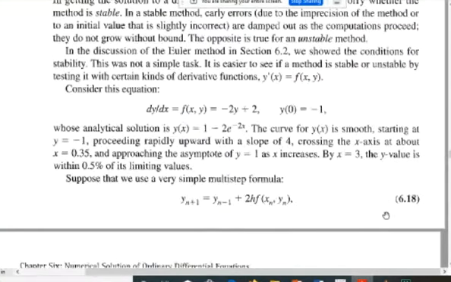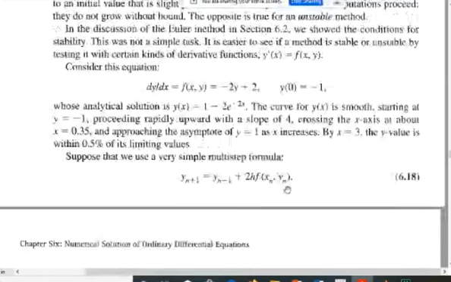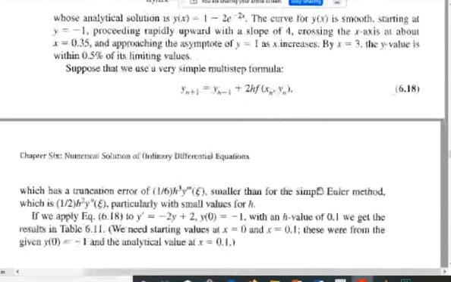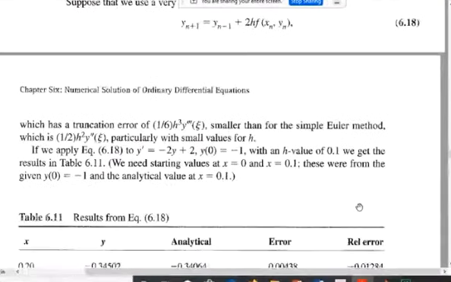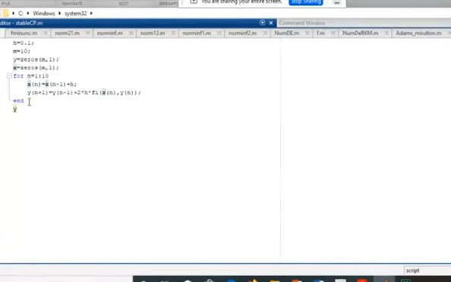So we need to fix y and plus 1. Let me here use y2.